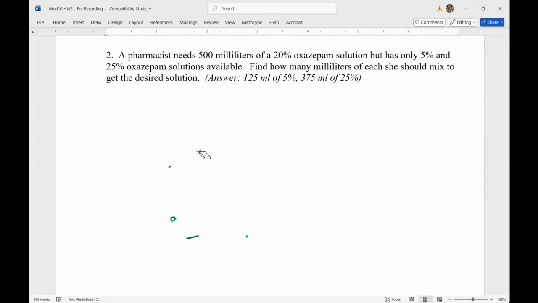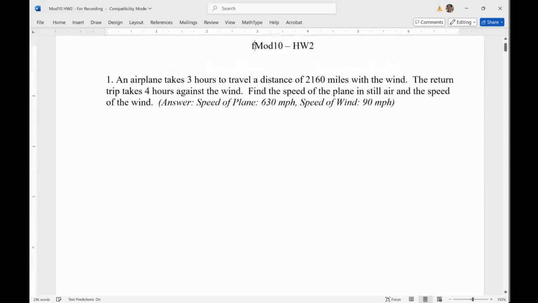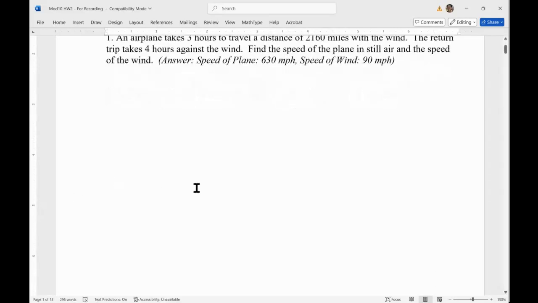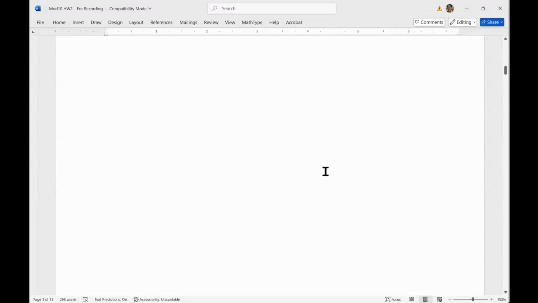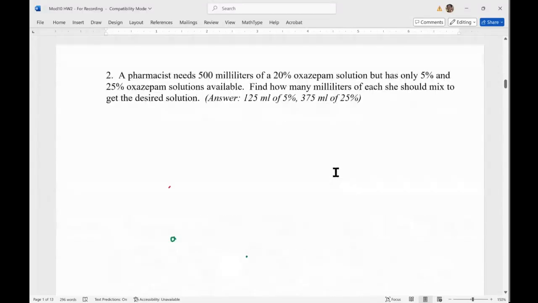So if you read the problem, it tells you that you need something. What you need is 500 milliliters of something called oxazepam. I think I'll just call it Oxa.